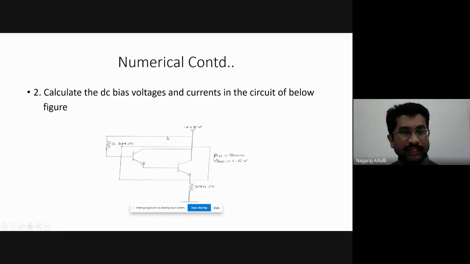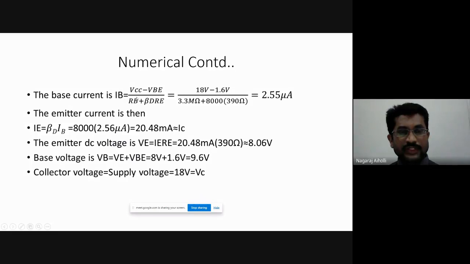The base current is given by the equation IB is equal to VCC minus VBE divided by RB plus beta D RE. Note down the formula. Now VCC is given, it is 18 volts.